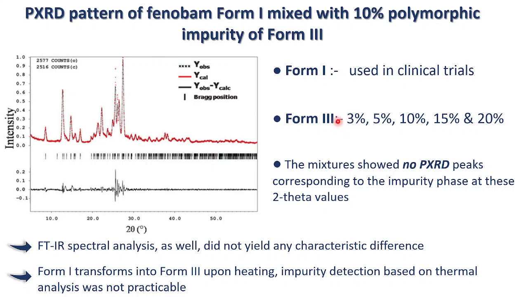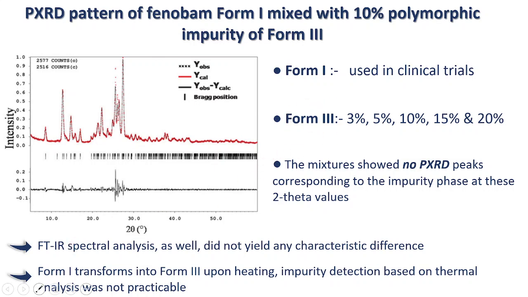Another technique, FTIR, Fourier transform IR spectra analysis as well, did not yield any characteristic differences. Using FTIR we couldn't find the presence of form 3.